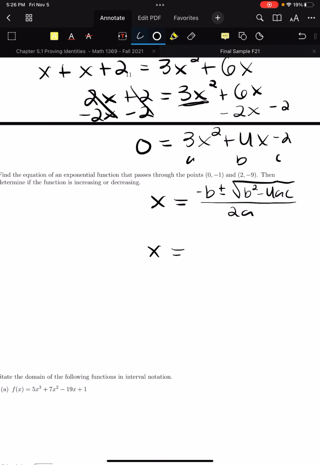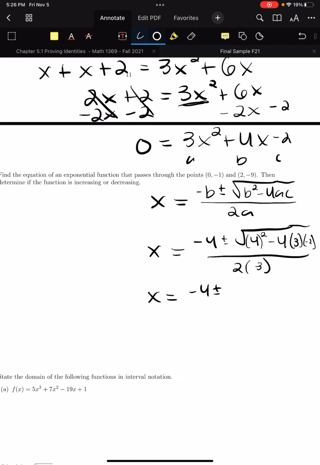So x equals negative 4 plus or minus the square root of 4 squared minus 4 times 3 times negative 2, all over 2 times 3. So x is going to equal negative 4 plus or minus square root of 16 minus 4 times negative 6, all over 6.